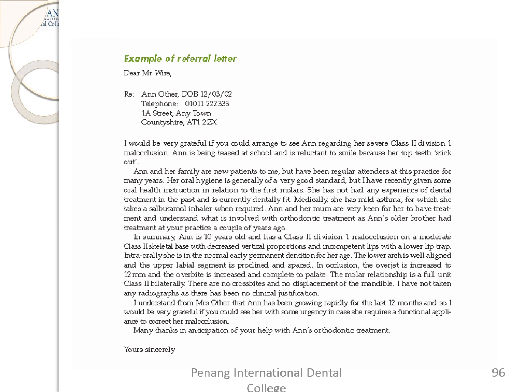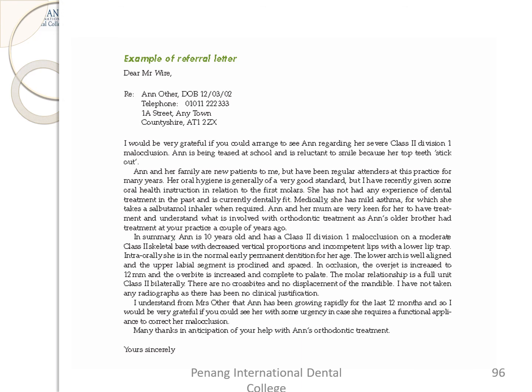Her oral hygiene is generally of a very good standard. I have recently given some oral health instructions in relation to the first molars. She has not had any experience of dental treatment in the past and is currently dentally fit.